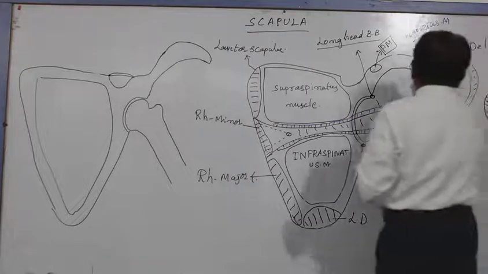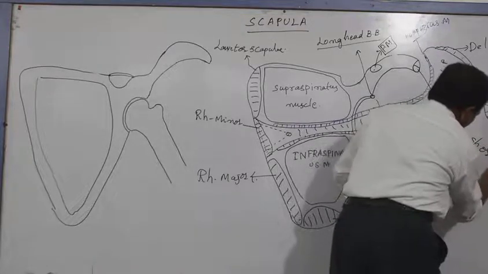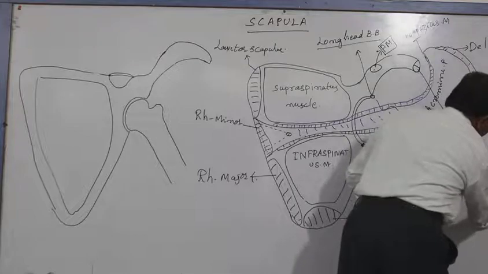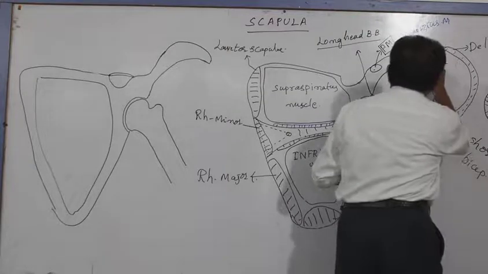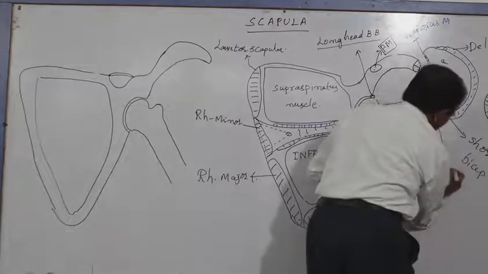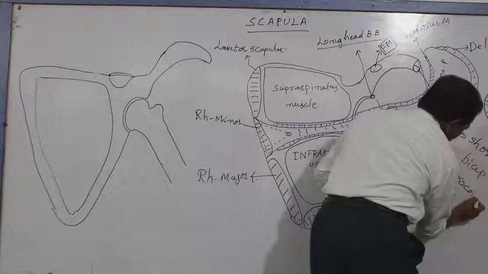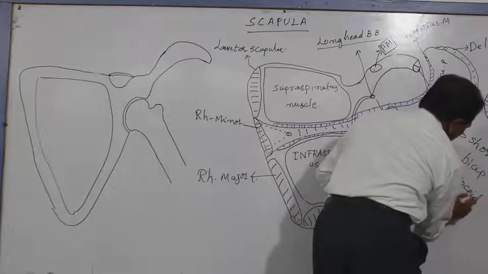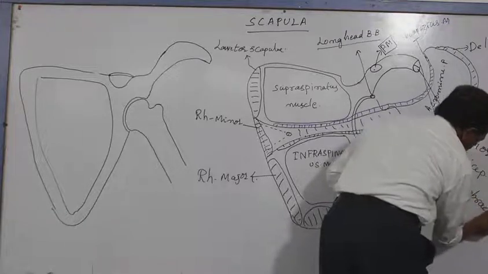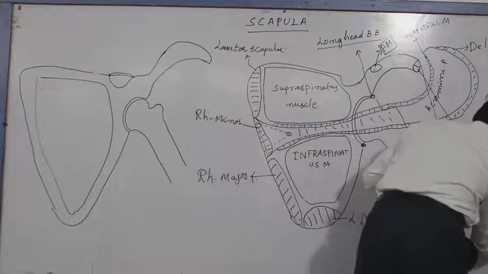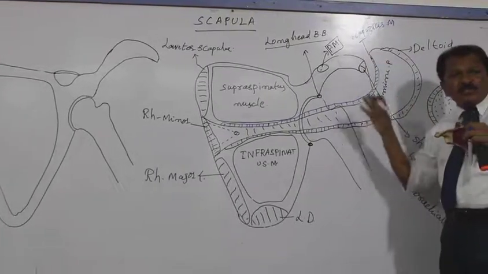One is the short head of the biceps, and the other is the coracobrachialis muscle.